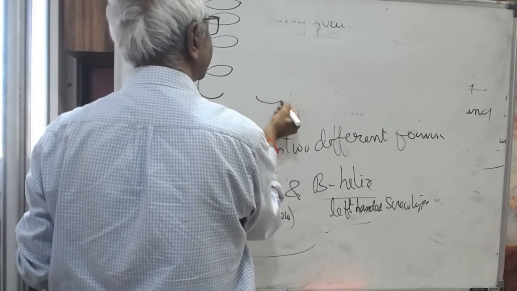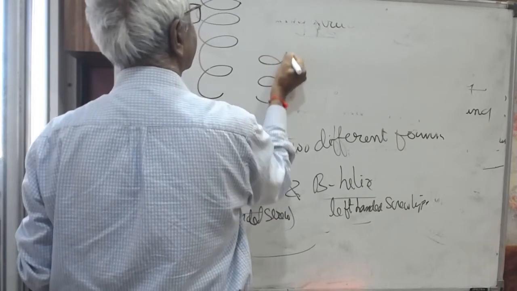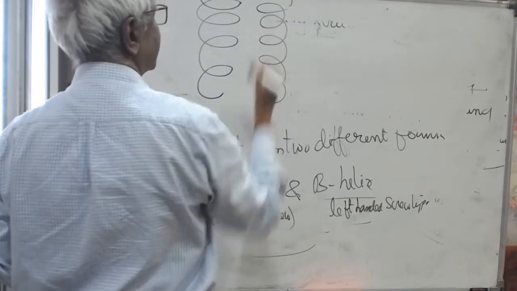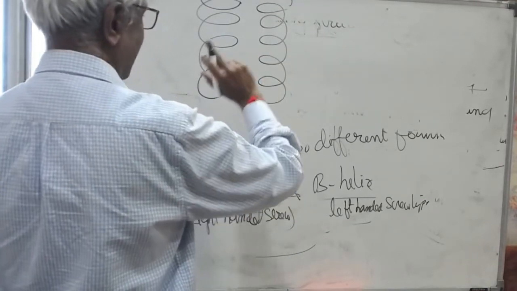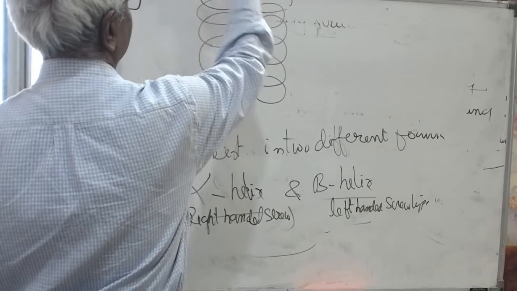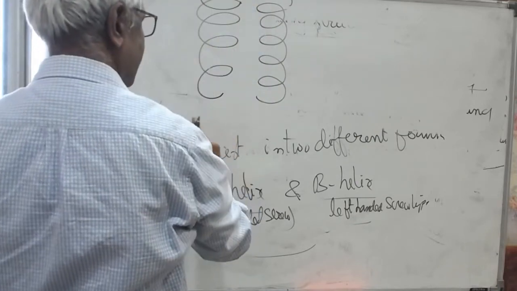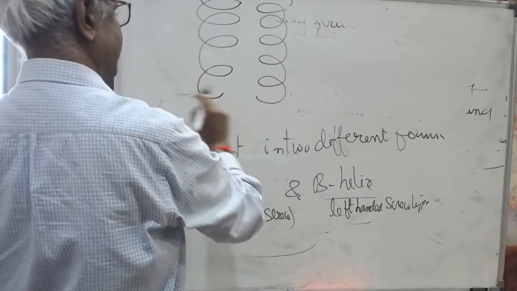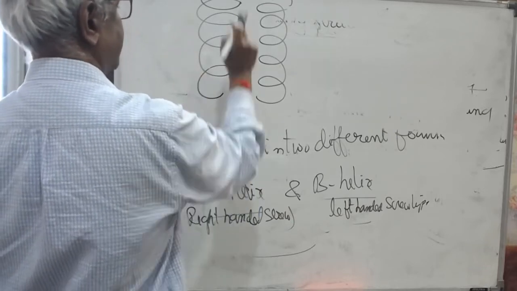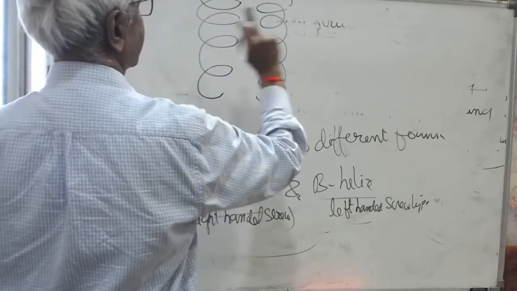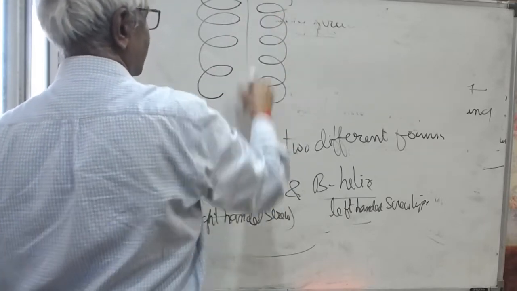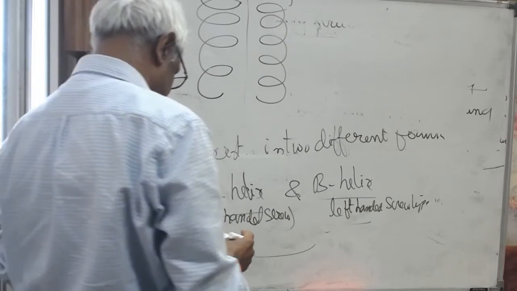Left-handed, like this. So a staircase, your stair is like this, starting right hand side, like this, left hand side. So that is how they are coiled. Each one is a mirror image of the other.